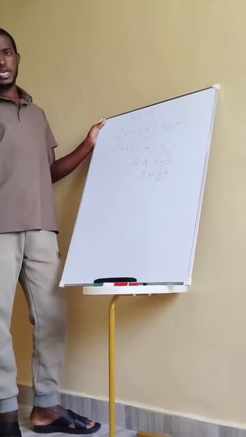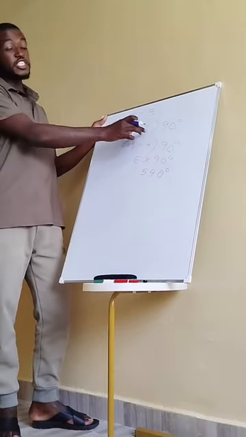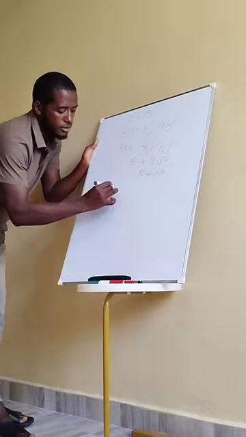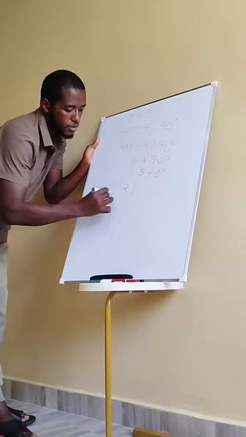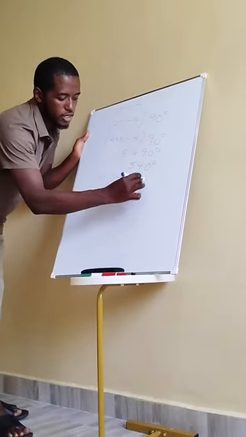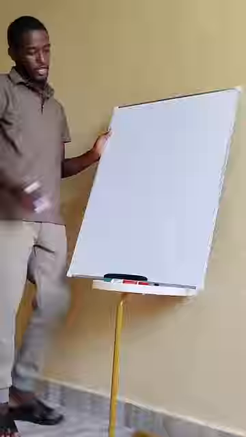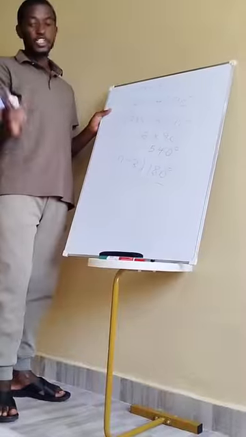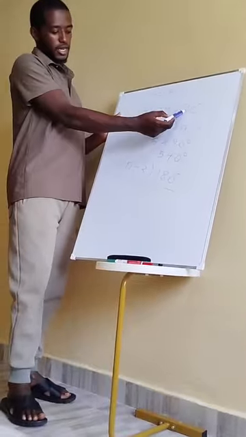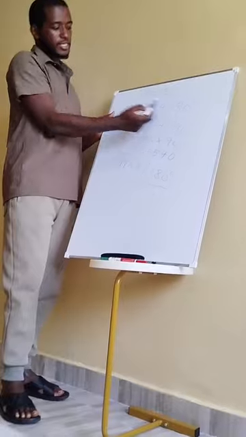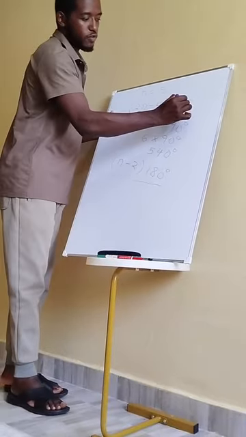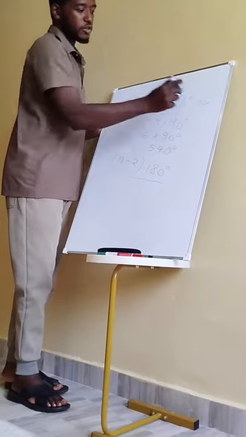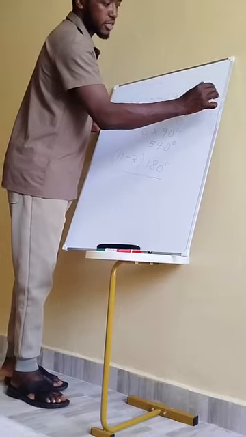By 90 degrees. In some books, the same formula is given as n minus 2, times 180 degrees, for your information. These two formulas mean the same thing. Reason: if you open this bracket, 90 times 2n will give you 180n. 90 times 4 gives you what? 360.